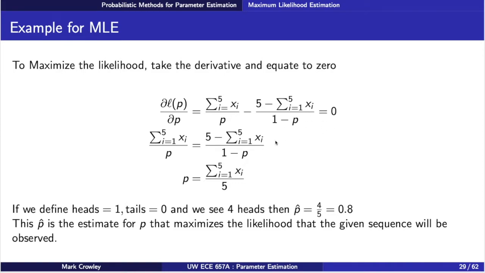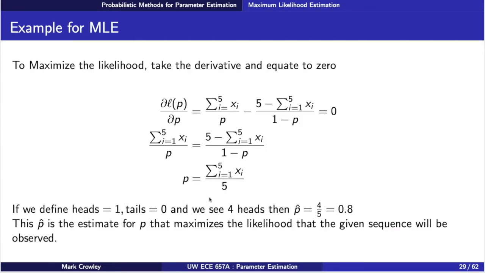So we set it to 0, and then we can solve for this parameter p that we're trying to fit, which I had changed for some reason from theta. And so in this case, once we solve it down, we end up getting this sum over all the x's divided by 5, right? Which is just the mean.